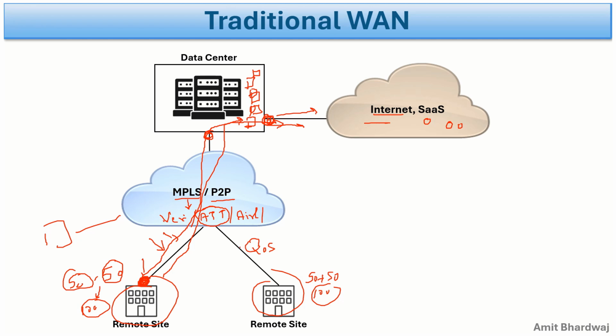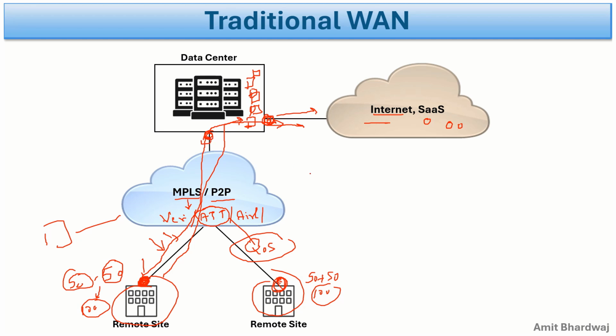Now, considering all those challenges, SD-WAN was introduced, because there was a huge pressure on service providers to reduce the bandwidth, and another aspect was that QoS or an equivalent type of service should be provided by the new solution. Another thing was that all these remote sites had CPEs. In fact, the data center also had the CPE.